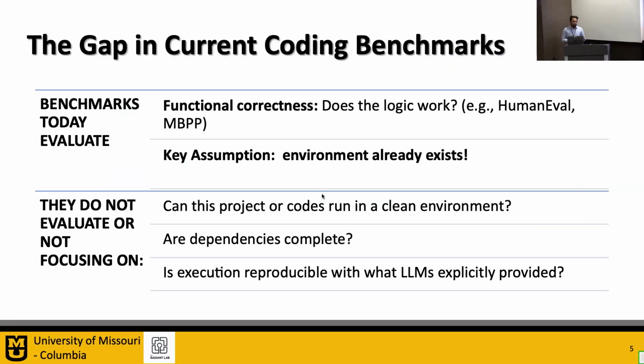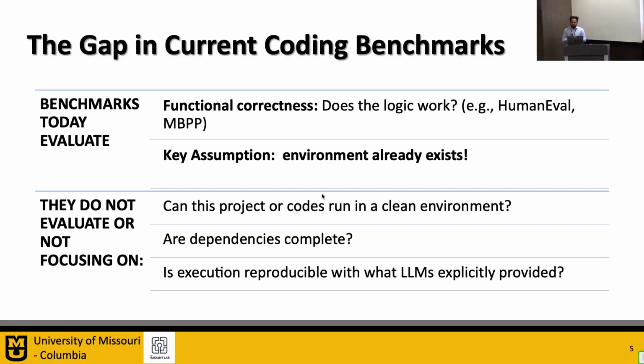Now, the gap in current coding benchmarks. Most coding benchmarks today evaluate functional correctness, as Dr. Kate and Paul have also been talking about in the previous slides with SWE-bench and other environment benchmarks. All they care about is functional correctness, like whether the test cases pass, but they don't check whether the code passes in the machine's environment.